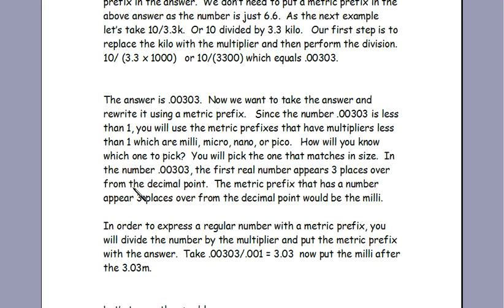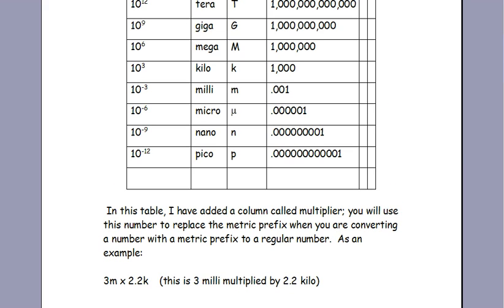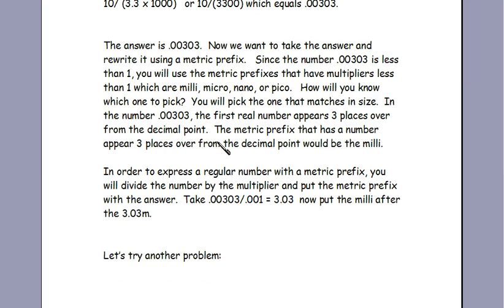For example, in the number 0.00303, the first real number, which is this 3 right here, appears 3 places after the decimal point. So if I look back up here in the chart, this multiplier here, milli, has a 1 three places after the decimal point. So I'm going to use the milli because it matches closest in size.